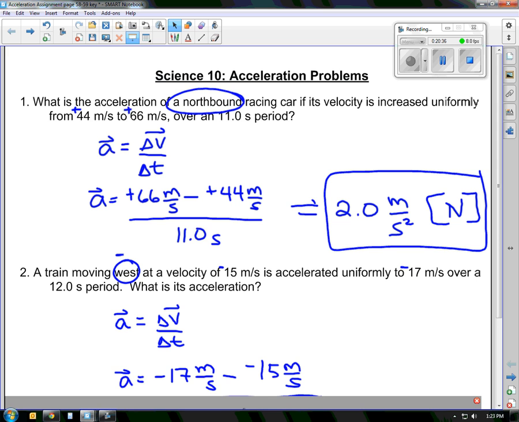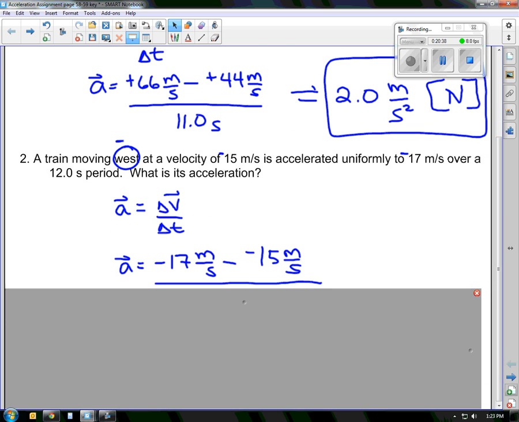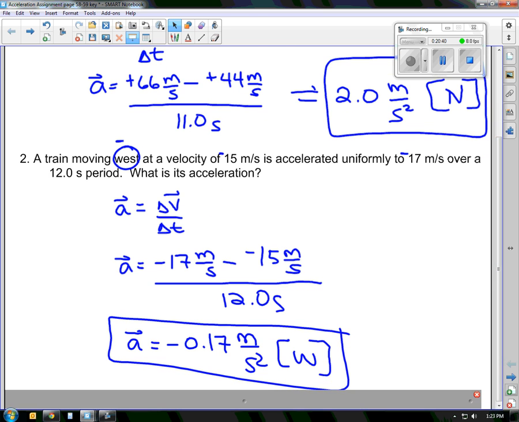Second question is a question that involves a train moving west at a velocity of 50 meters a second, accelerates to 17 meters a second. So we've got slowing down in a positive direction, no, sorry.